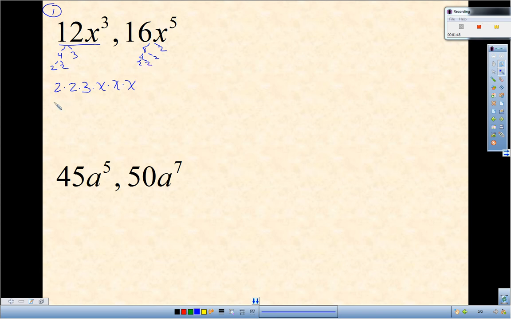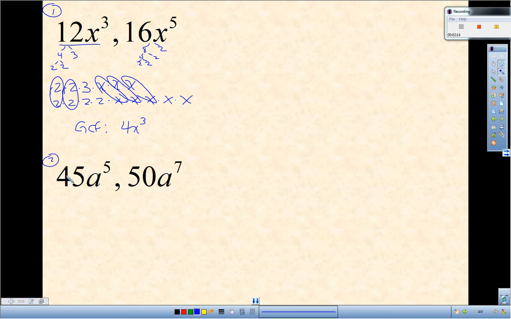So its prime factorization would be 2 times 2 times 2 times 2 times x times x times x times x times x. Well, what do they have in common? They have two 2's in common, and they have three x's in common. So the GCF would be 4x cubed. Just note that 4 goes into 12 and 4 goes into 16.